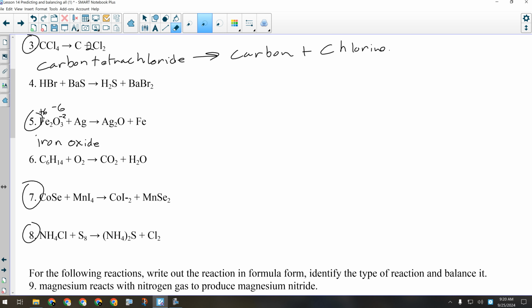So I've got to get 6 positives from the 2 irons. 6 divided by 2 is 3. So this is iron(III) oxide plus silver gives us silver oxide and iron. Does the iron need a Roman numeral when it's by itself? Yep. Just little things like that, guys. It's those little nitpicky details that I find are always good to review.